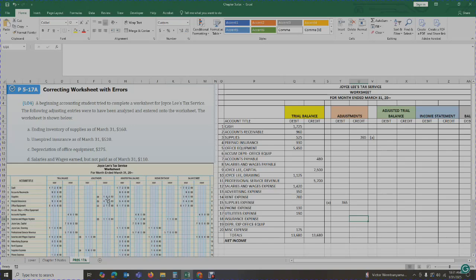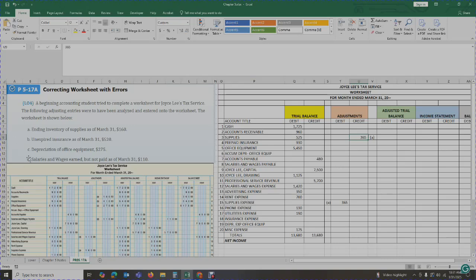The student recorded the amount of $160, which is incorrect. That is the ending balance of your supplies, not the amount of your adjustment. You have to calculate the adjustment by taking your beginning balance less your ending balance, which gives you the adjustment amount of $365.